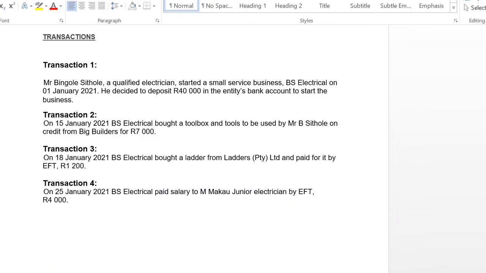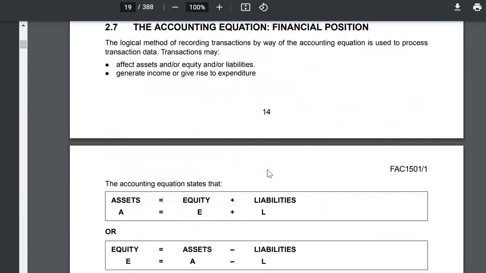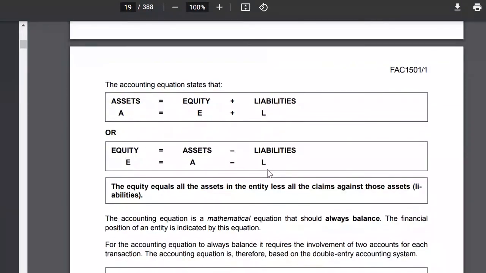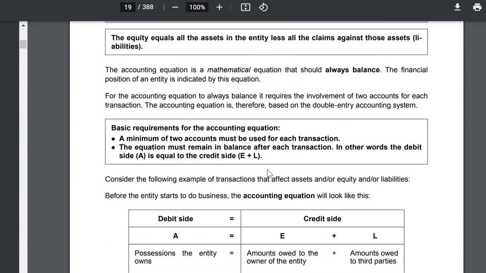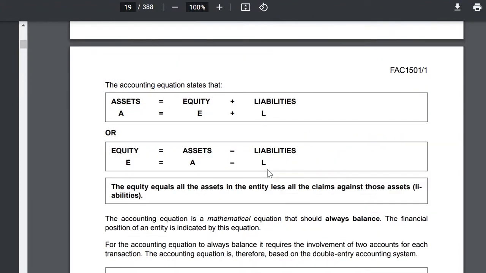Guys, on top of this, I want to add something. I want us to do the accounting equation at the same time on these 4 transactions. Before I add it, I'm just gonna show you the accounting equation.